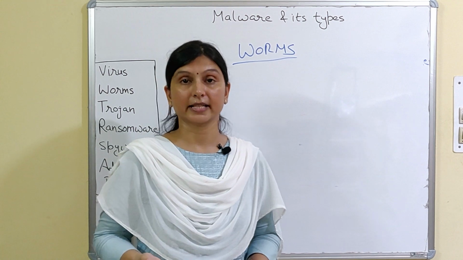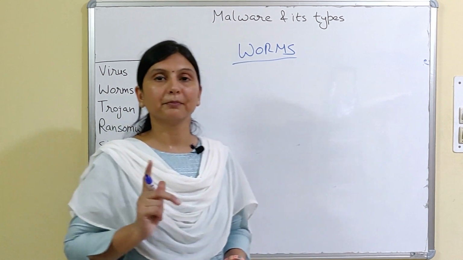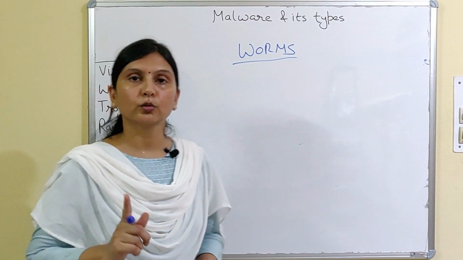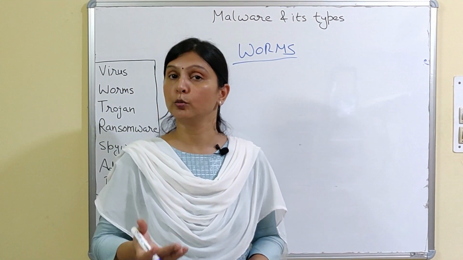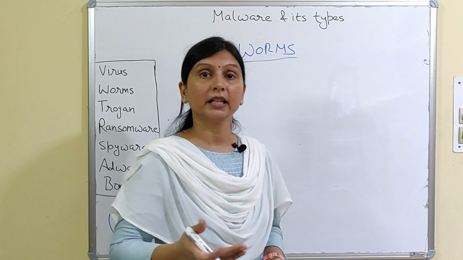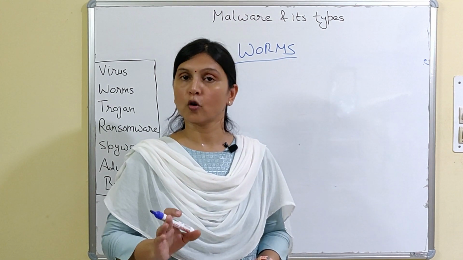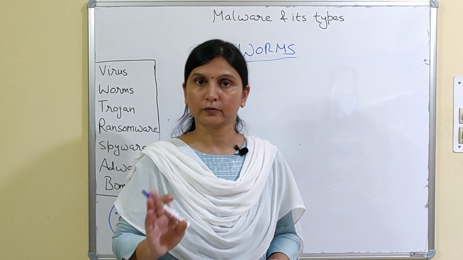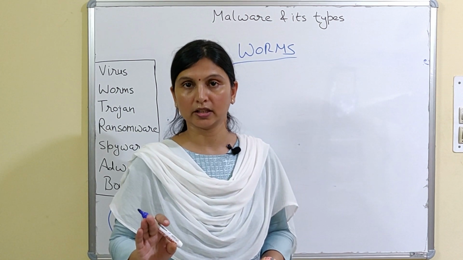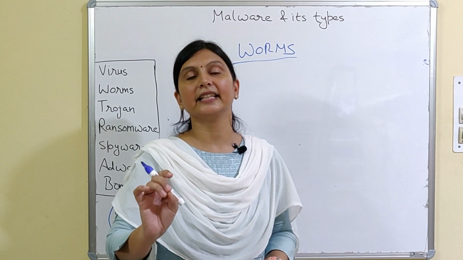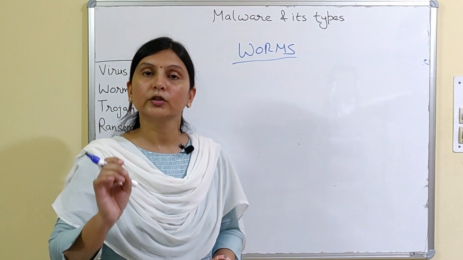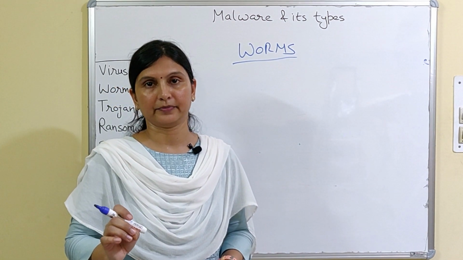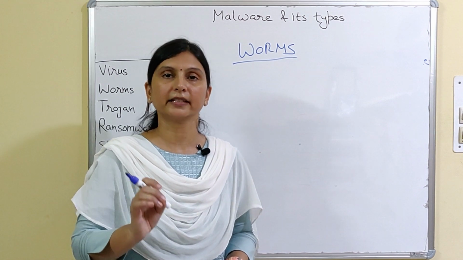Right. Now the differences. The main difference is that I told you a virus needs some host file or human action to be executed. But worms are independent. Worms are standalone. They don't need any human action or any host file to get executed. This is the main difference between worms and virus.